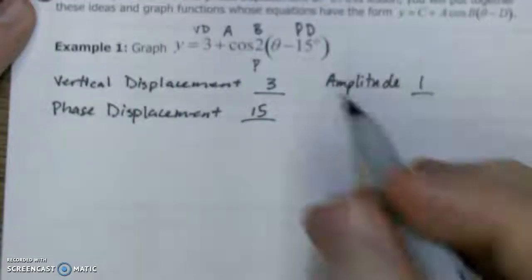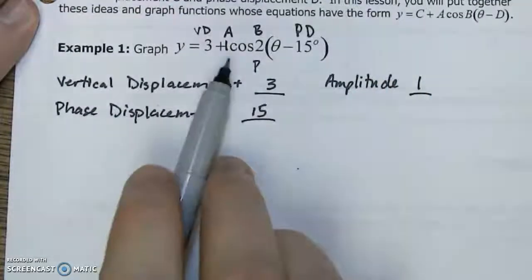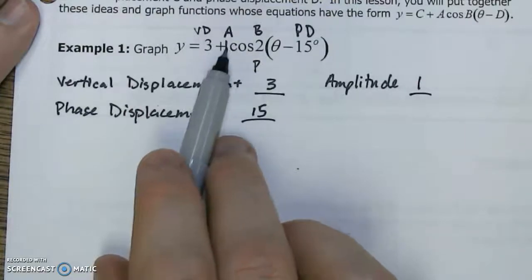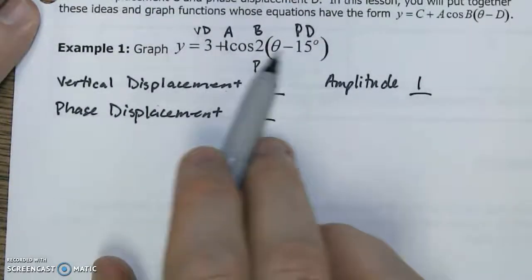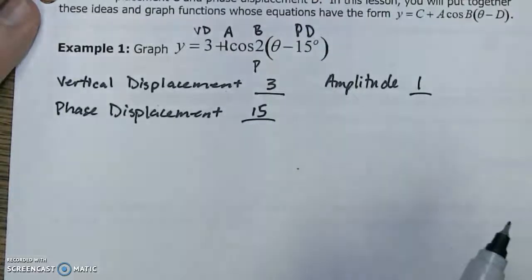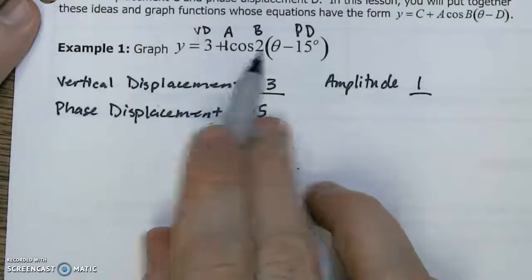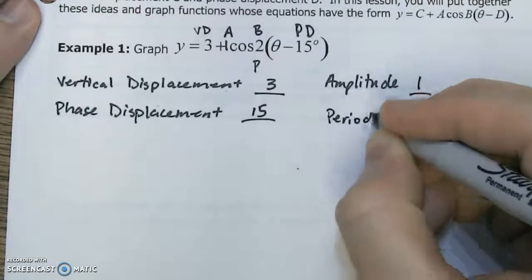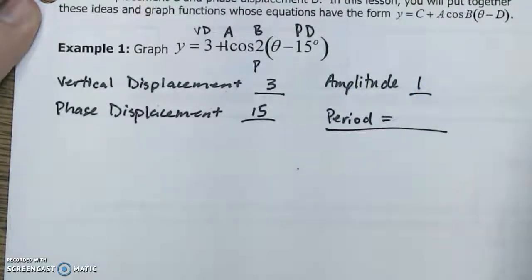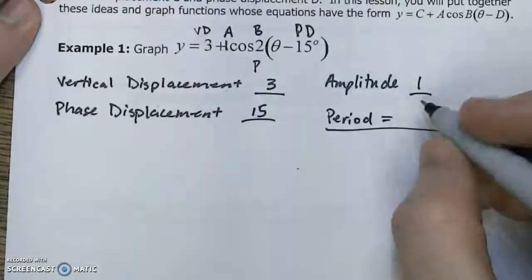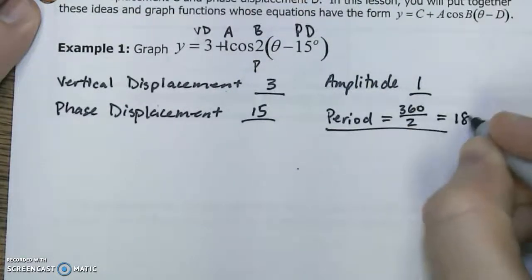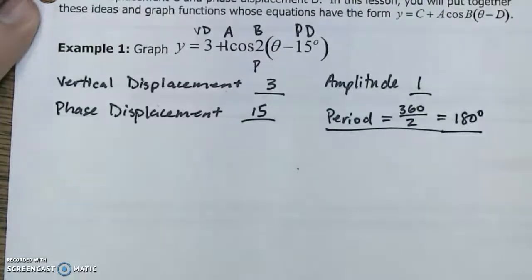It's invisible right here, so we're going to assume it's a 1. It's not an invisible 0 because it's being multiplied. If there was a 0 there, none of that would exist because 0 would cancel it all. So it must be a 1. And then the period, to find that, you're going to have to do 360 divided by 2. So that'd be 180 degrees for the period.